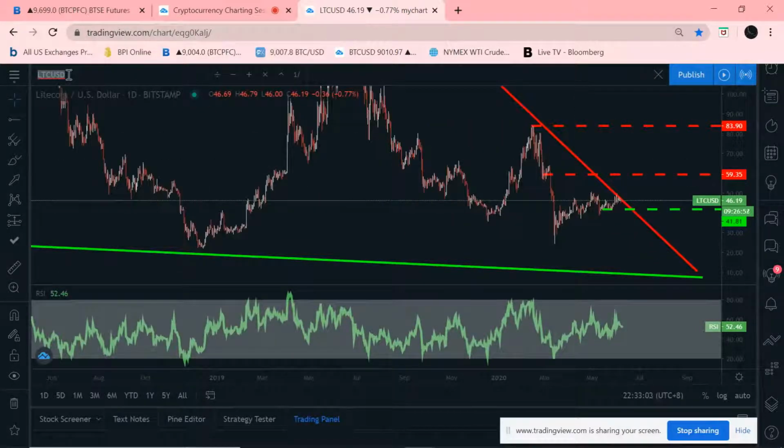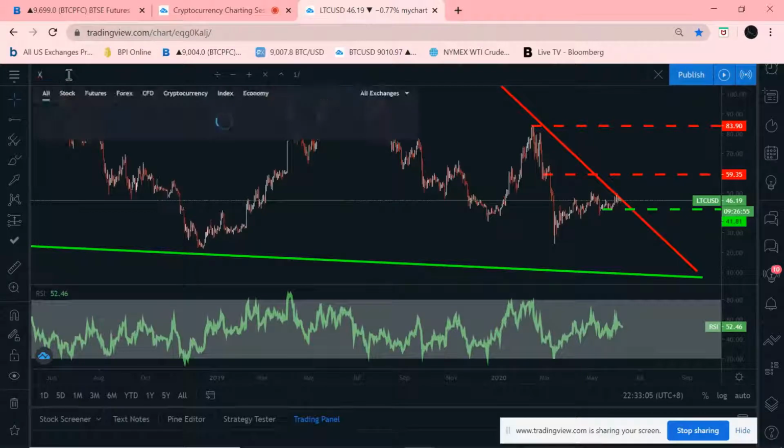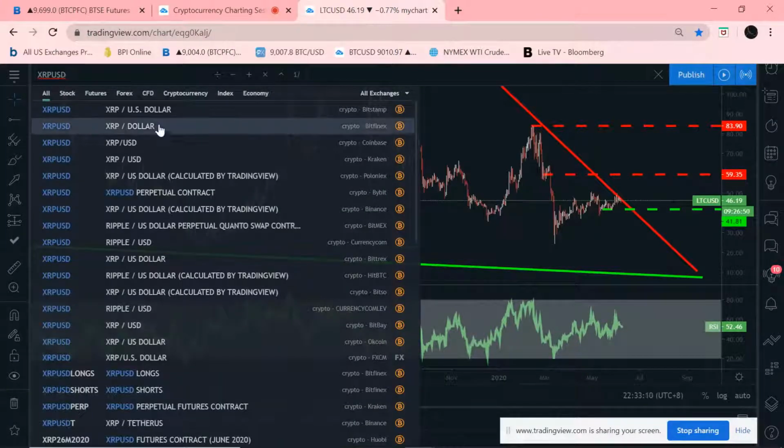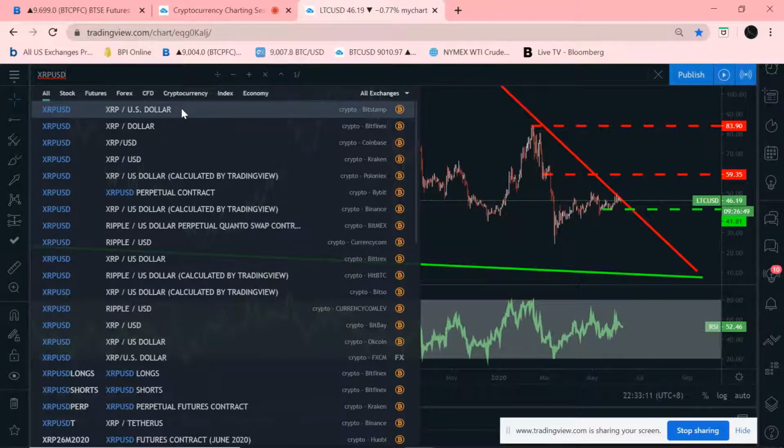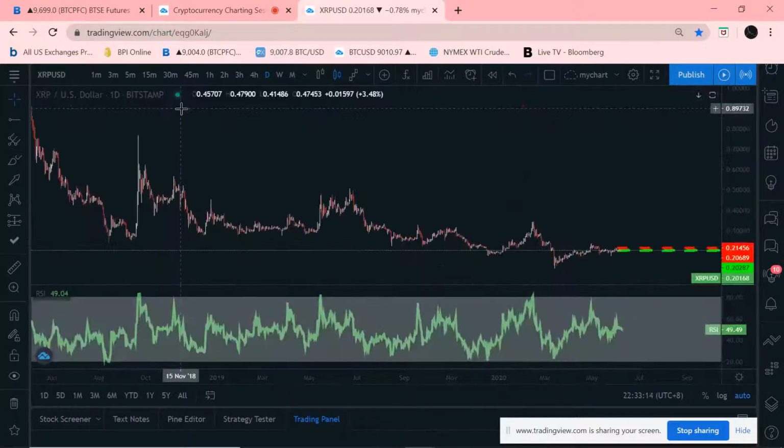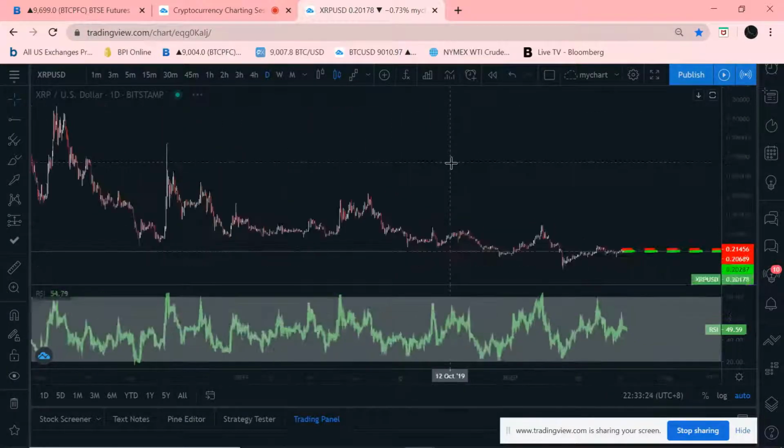Now let's move on to XRP. So XRP USD. So there you go guys.